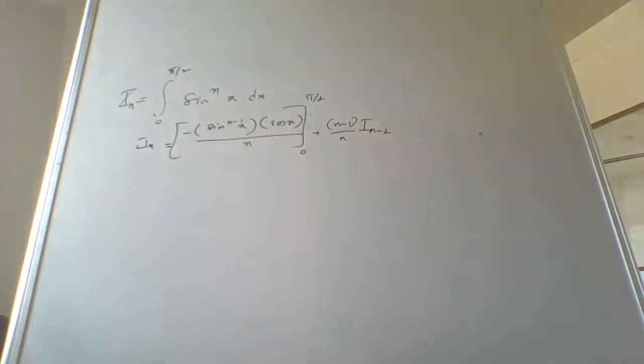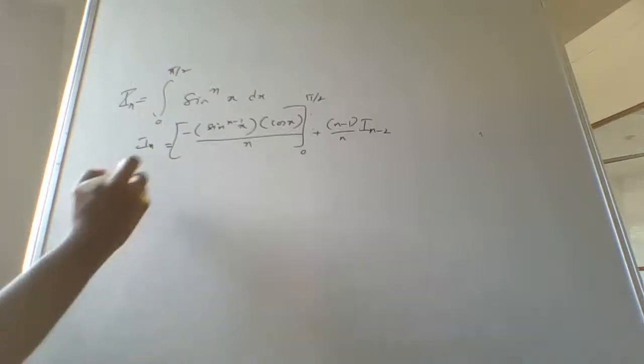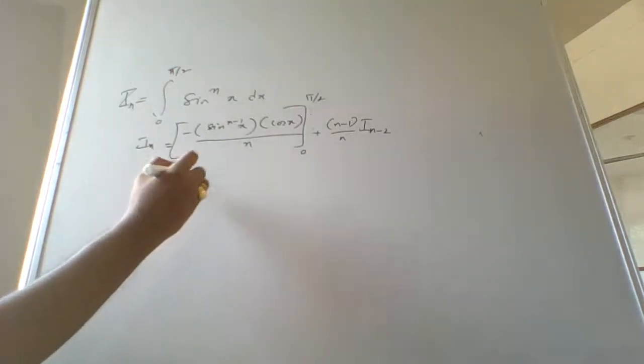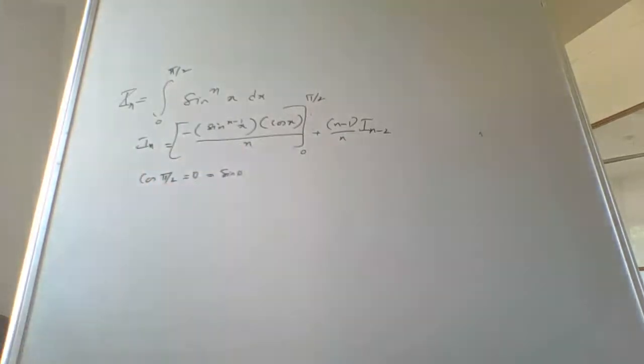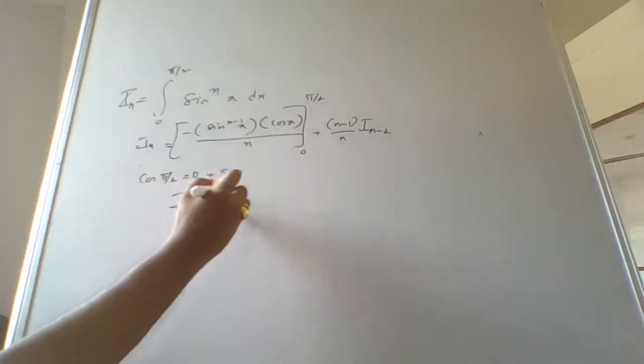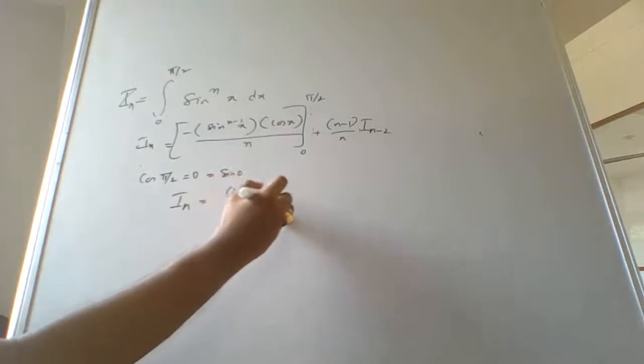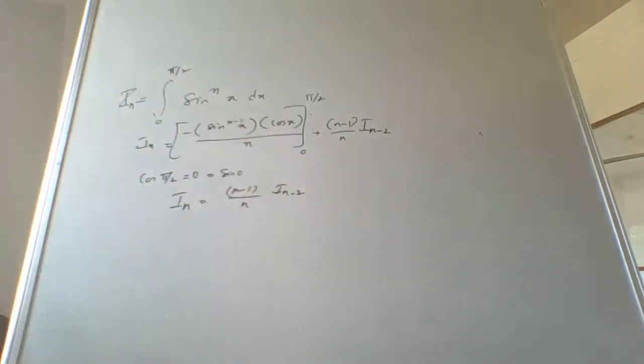When I put this here, cos pi by 2 is 0, as well as sine 0 is also 0. So I'll be having only I n as n minus 1 divided by n times I n minus 2. So this is the reduction formula.